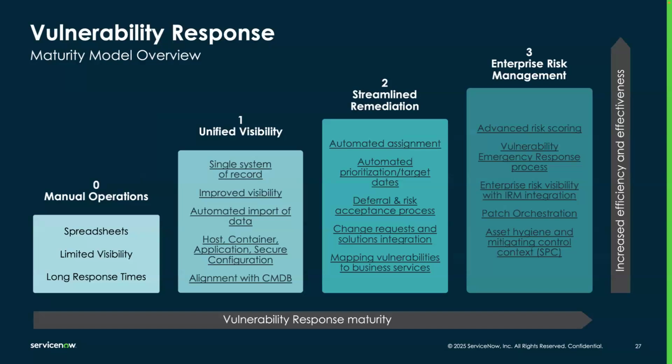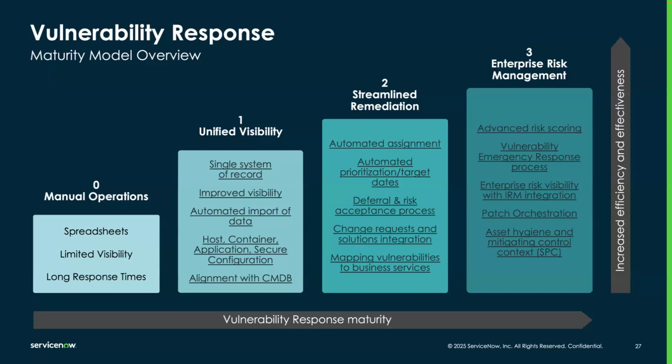First, we'll start with vulnerability response. Here we have what we call our maturity model. We tend to see customers who have vulnerability scanners and are assessing their environment, but they're putting those results into manual efforts, things like spreadsheets, files, and emails. There tends to be a lack of visibility.